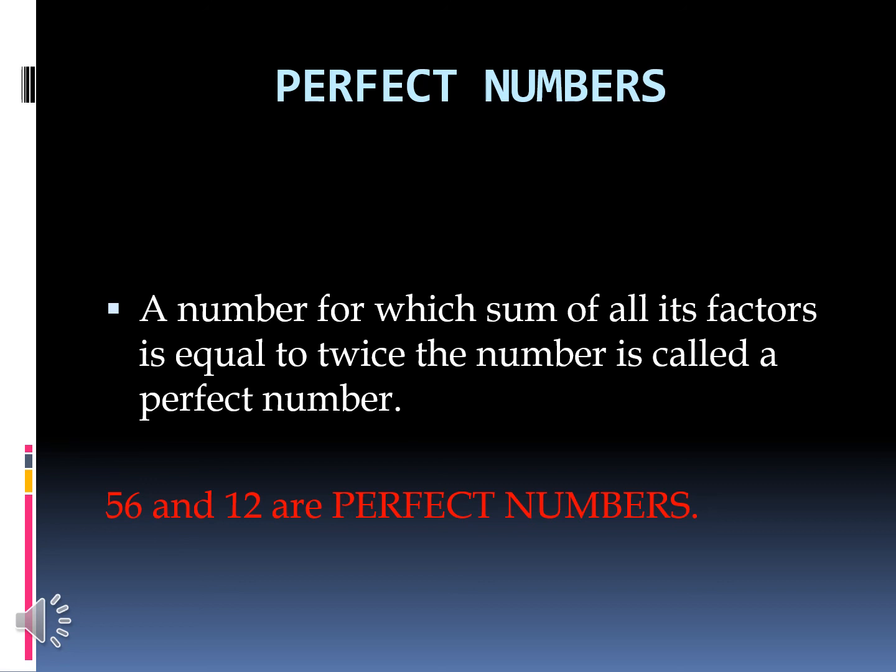So we can generate a definition of perfect numbers from here. A number for which the sum of all its factors is equal to twice the number. Such numbers are called perfect numbers. So you can try adding the factors of other numbers yourself and try to find out many more perfect numbers.